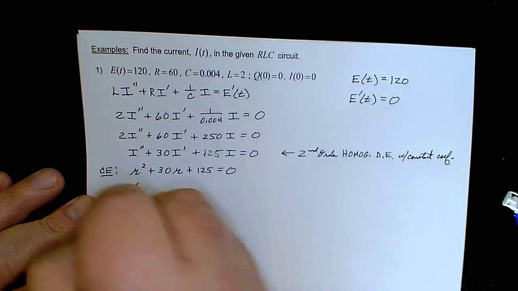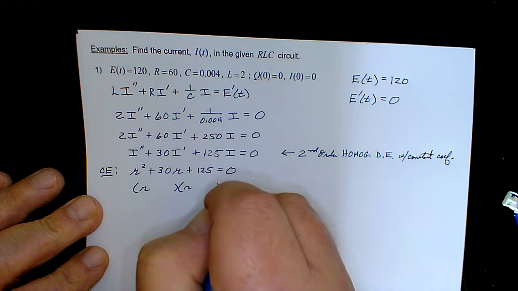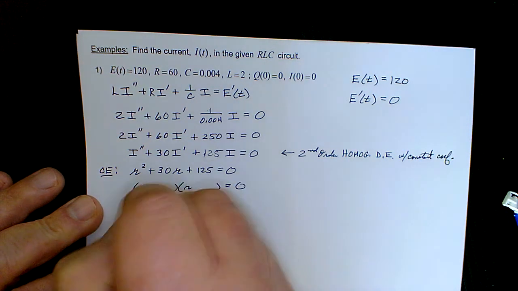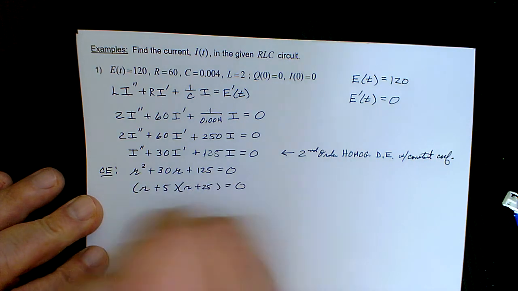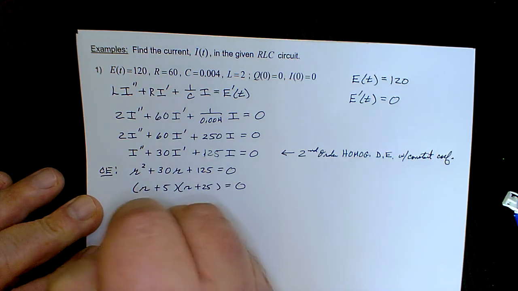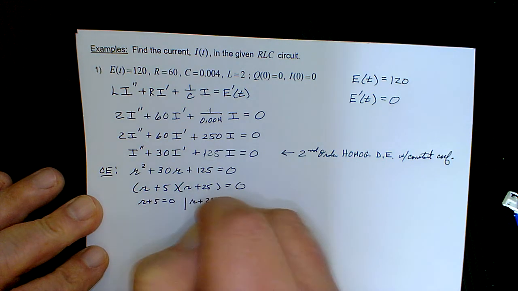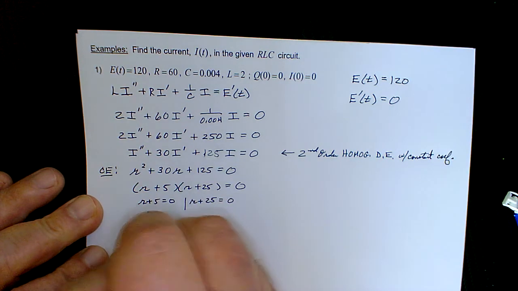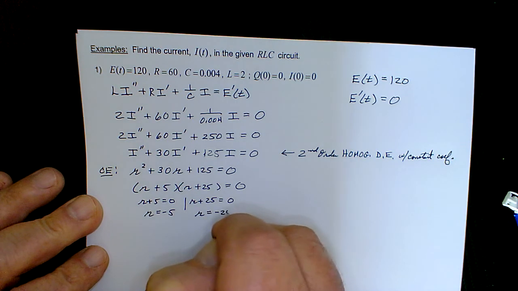This is actually factorable. If we use a plus 5 and a plus 25, it works. So r plus 5 is 0, r plus 25 is 0, so r is negative 5, r is negative 25.